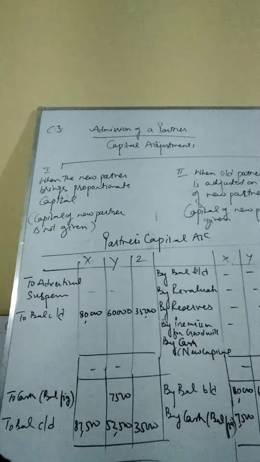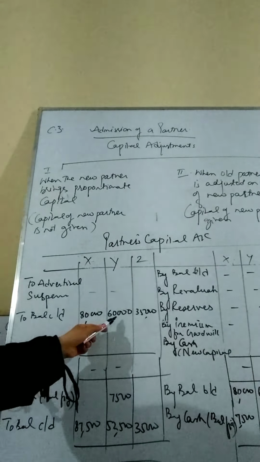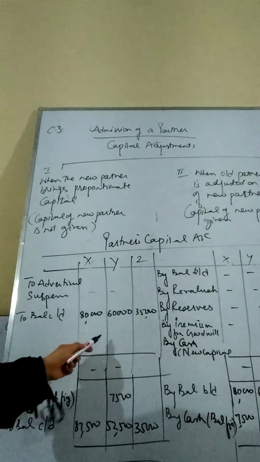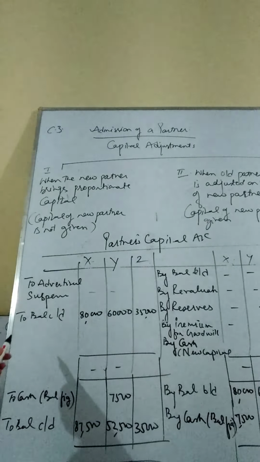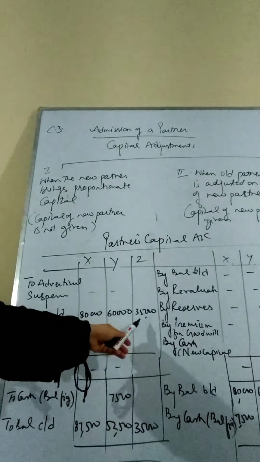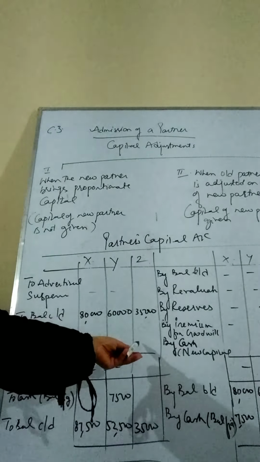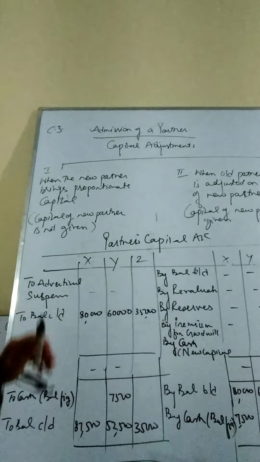Now in the question it is already given that their capital was 80,000 and 60,000 of the old partners after all adjustments have been done. So I have created a balance over here, balance carried down, 80,000 and 60,000. And also I will write Z's capital because his capital is also known now to us. So these are the old capitals which are after all adjustments.